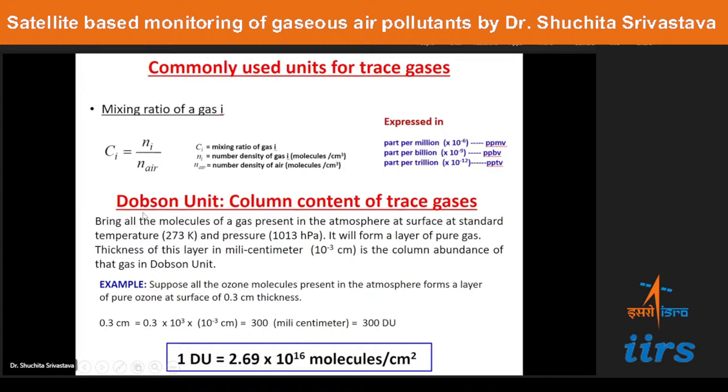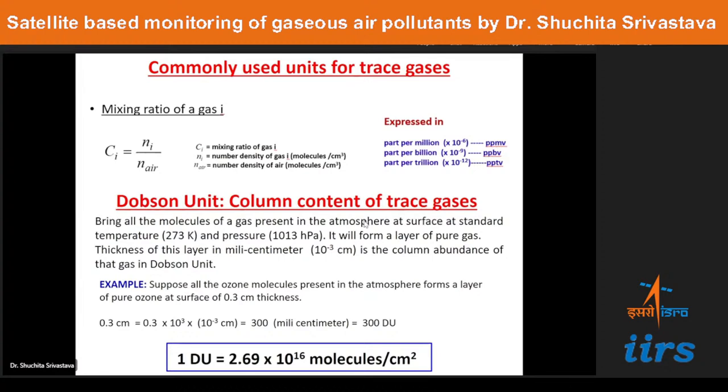Now, we are going to use the satellite measurement, and satellite also measures column content. Total column content means total number of molecules present from surface to top of the atmosphere. To express this particular quantity, we use Dobson unit. What is Dobson unit? In the atmosphere, there are a number of molecules from surface to top of the atmosphere.